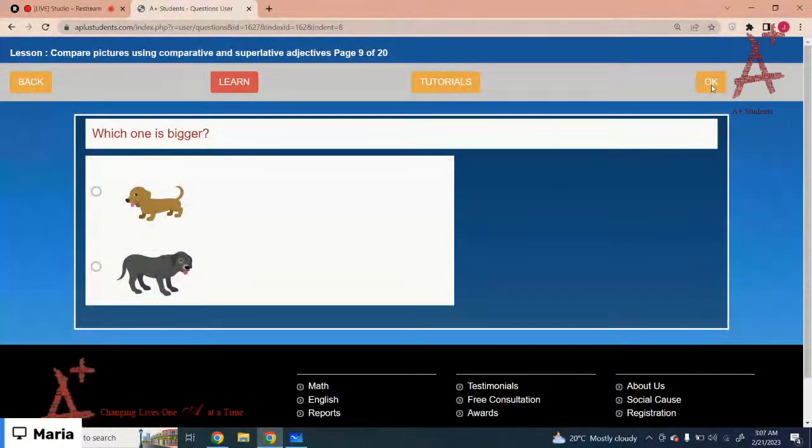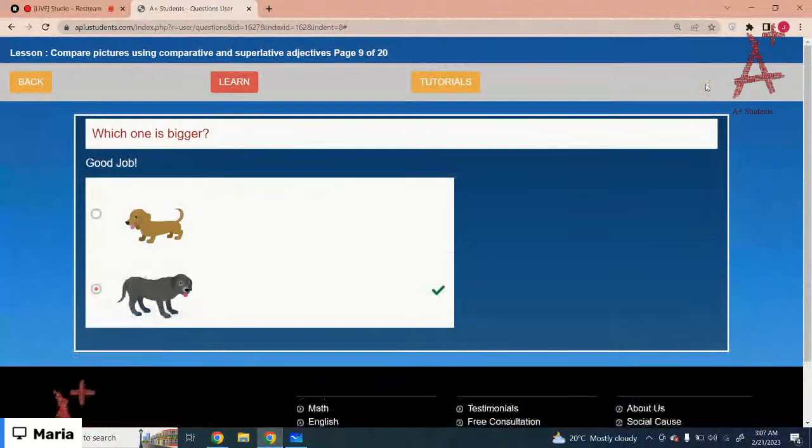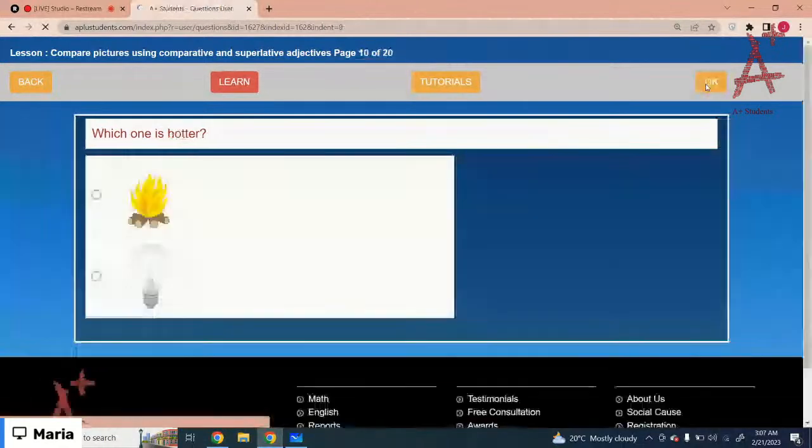Which one is bigger, the first one or the second one? Yes, the second one is bigger, the first one is smaller. Which one is hotter, the first one or the second one? The first one is hotter.